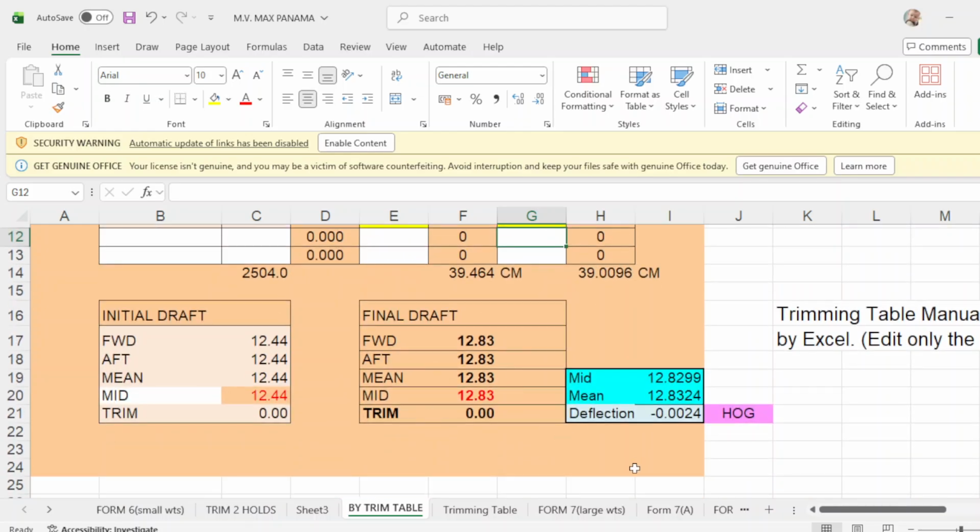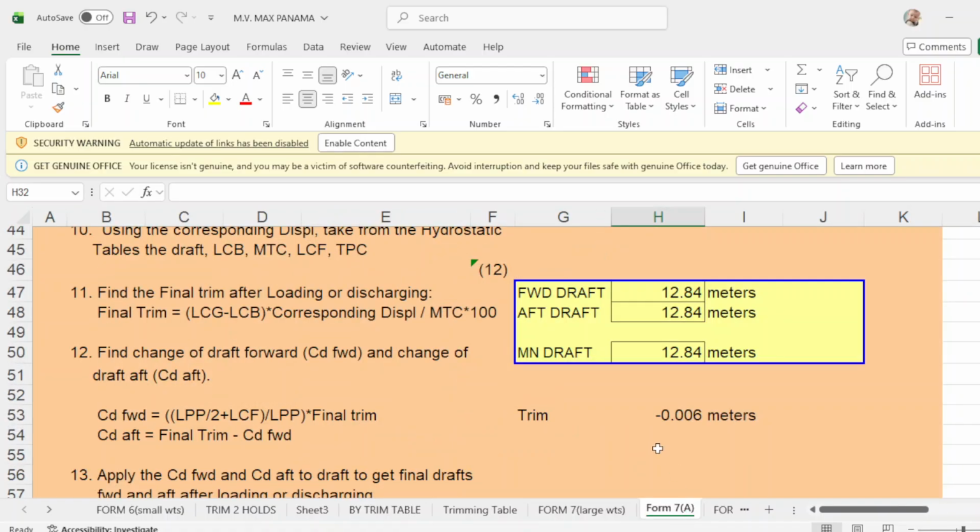Okay, so you have 4 programs as your backup. If you use this program, this will exactly be your figure that you will submit to your charterer. I would suggest that if you use this program, you will have good confidence in having a good result of your loading operation.